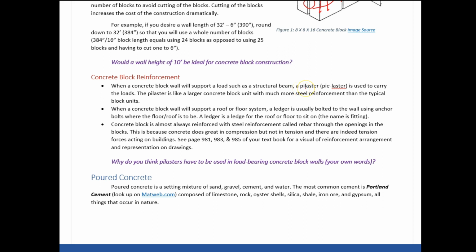We can get it a lot stronger by putting bigger concrete units called pilasters throughout the wall system, then also stuffing those pilasters with tons of steel reinforcement, so it's plenty strong. It's going to help to hold the wall system together under the heavier load when being used for structural purposes.